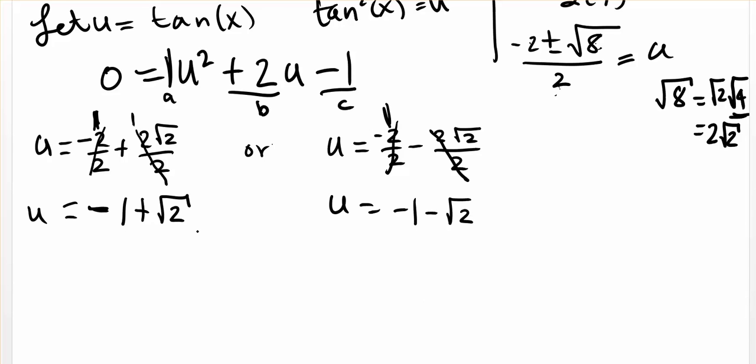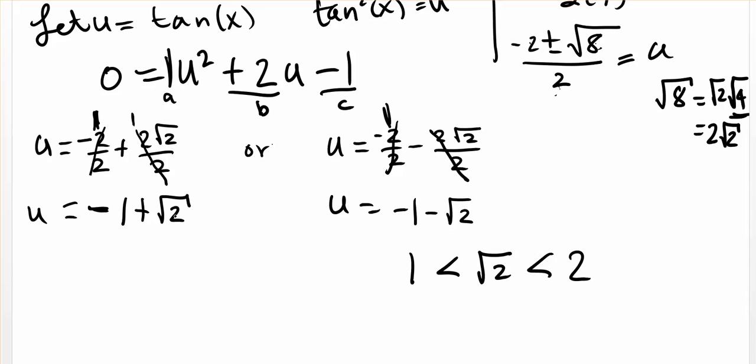Now, the square root of 2 is bigger than the square root of 1, which is 1, but it's less than the square root of 4. So we know that the square root of 2 is greater than 1, but less than 2, because the square root of 4 is bigger than the square root of 2.